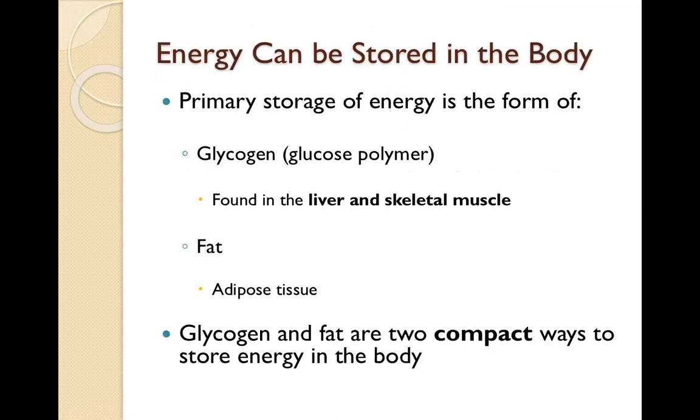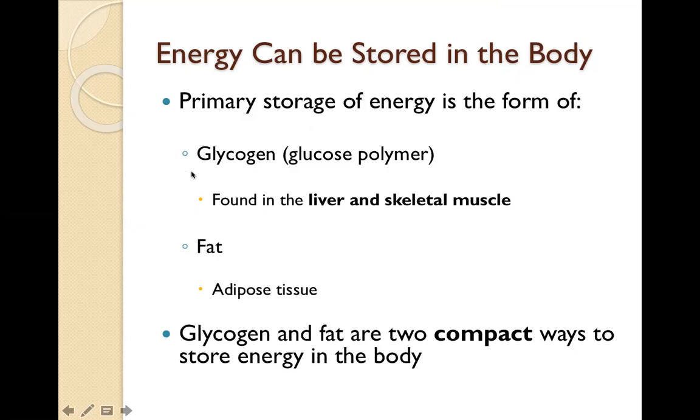And so when we think about fed state metabolism, we think more of things being stored. You have extra energy, you can store it. And the primary storage of energy in the body comes in two forms.